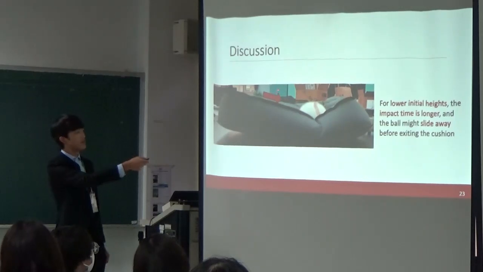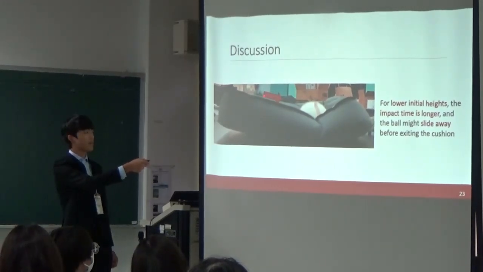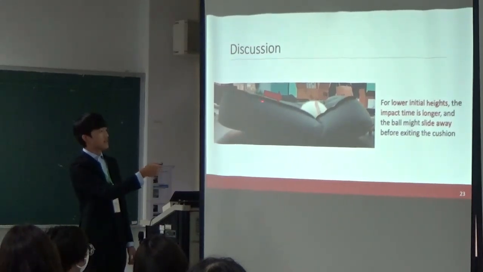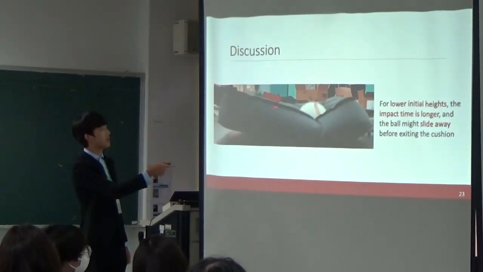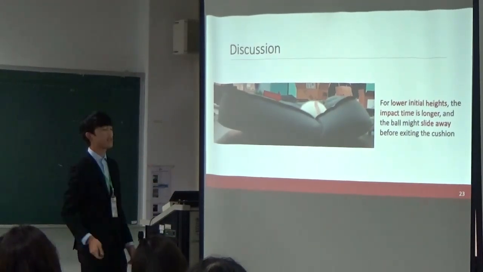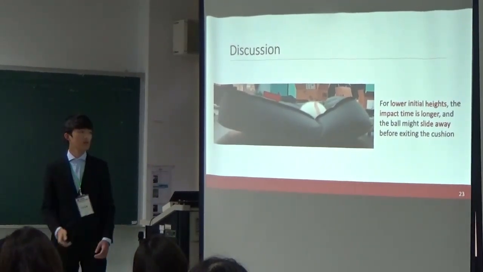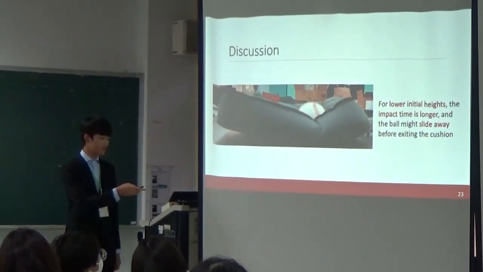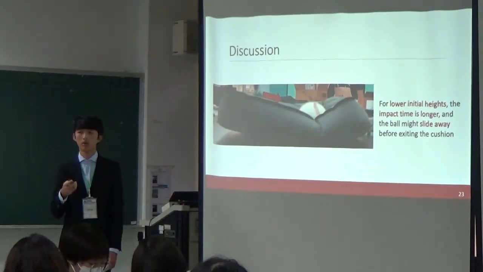Therefore, there is more time until the marble exits the cushion. And therefore, there will be some time for the marble to slide away from the cushion. And that will affect the distance between the two objects. And we think that this is why it causes the error in lower initial heights.